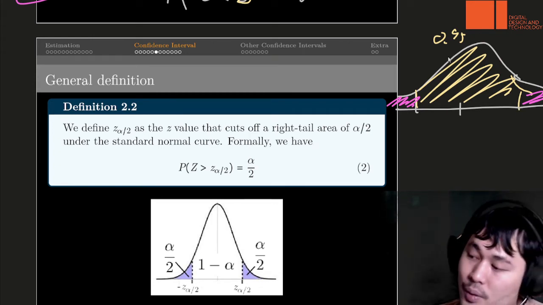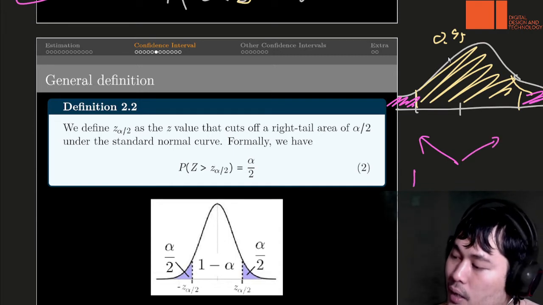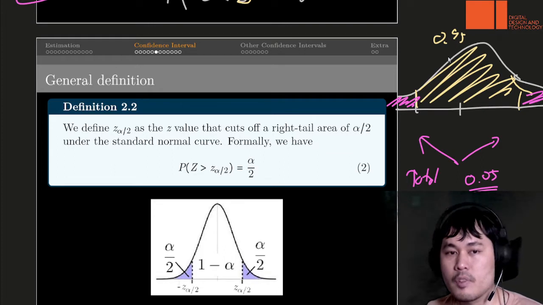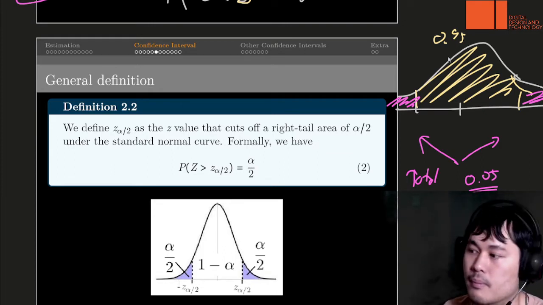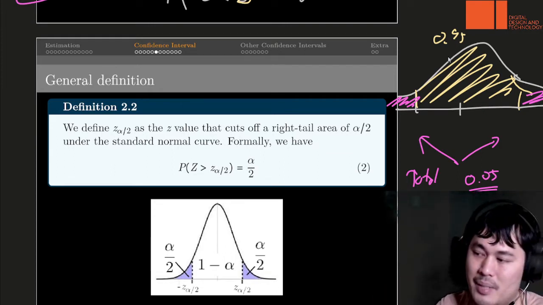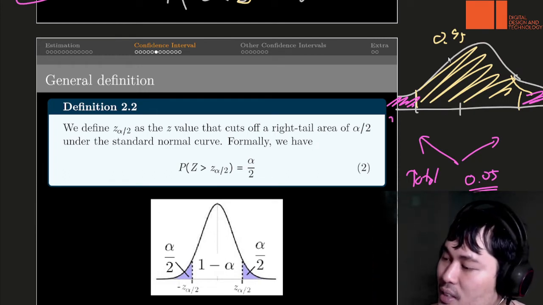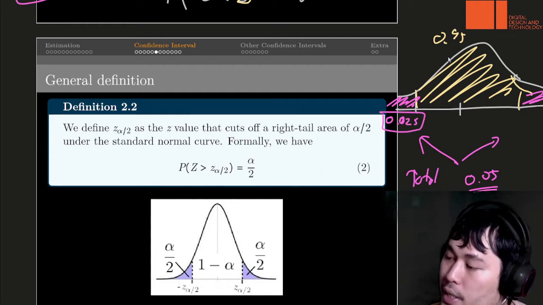I wanted to set the tails to have the total area of 0.05. We want the tails to be small. But since in this image you see that there are two tails, that means each tail would have to be the area of 0.025 each.